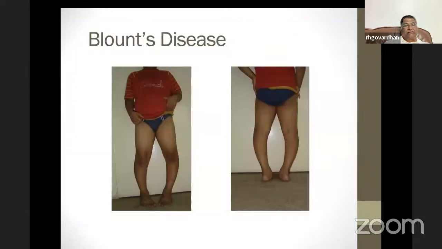I'll skip this. Now, we'll go to the other example, where it's a Blount's disease of a boy who has got bilateral involvement. If you draw the mechanical axis line of the femur and the mechanical axis line of the tibia, they intersect very close to the epiphyseal plate.